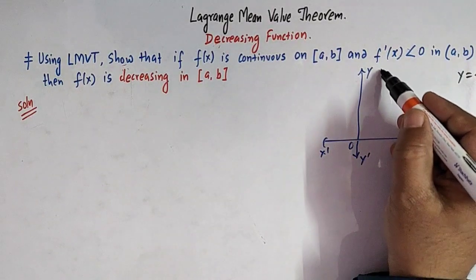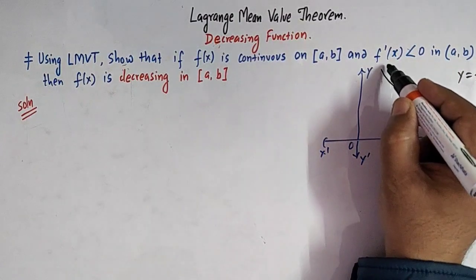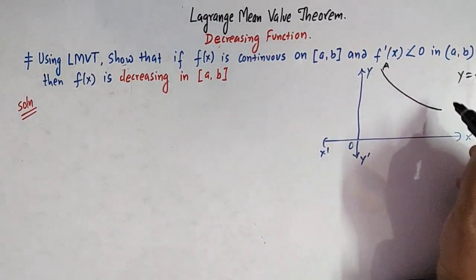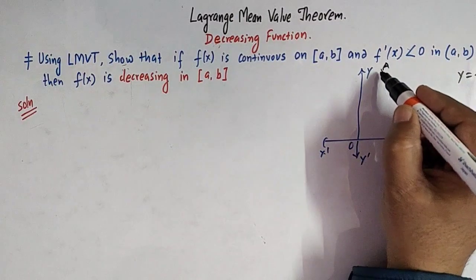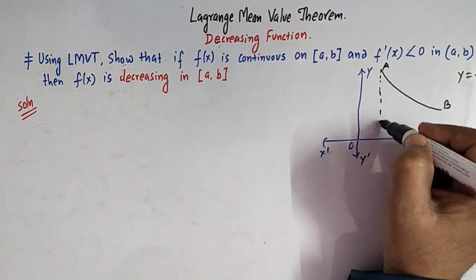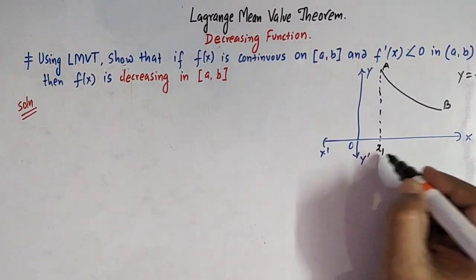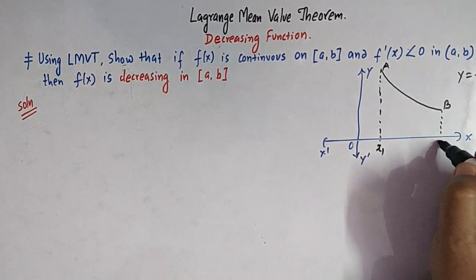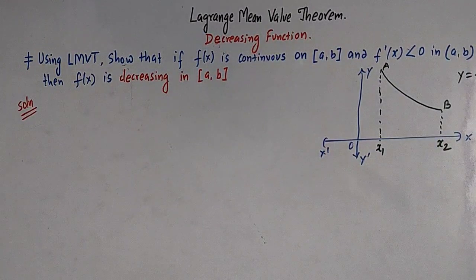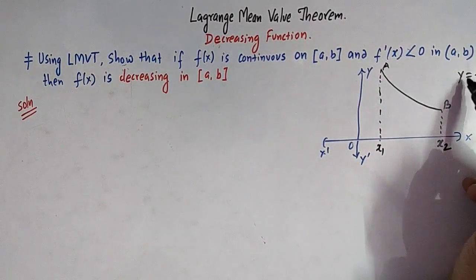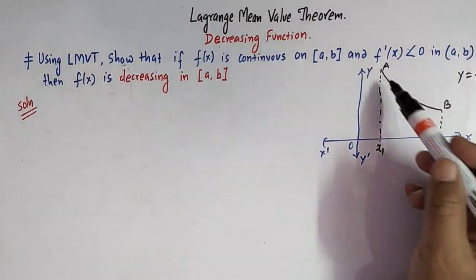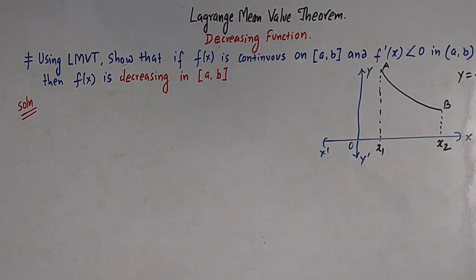This is a decreasing function, and let us take this point as a and this point as b. Here we'll take the point x1, and here the point x2. So from a to b, the function y equals f of x is a decreasing function.